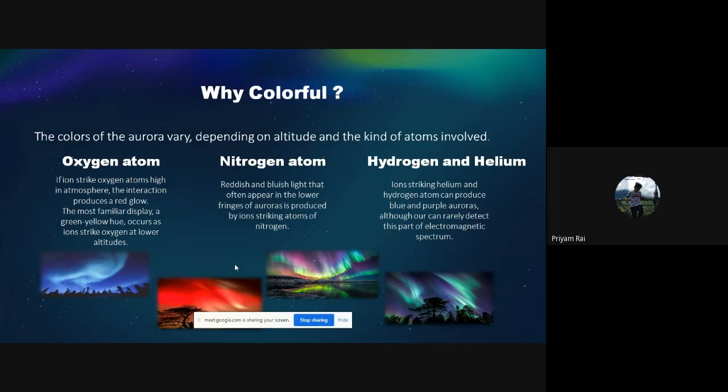Typically, nitrogen will produce red, violet, or blue color, while oxygen usually produces green or yellow. Red color is generally emitted above 240 km, while green at 100 to 240 km, while purple and violet above 100 km, and blue at 80 to 100 km.